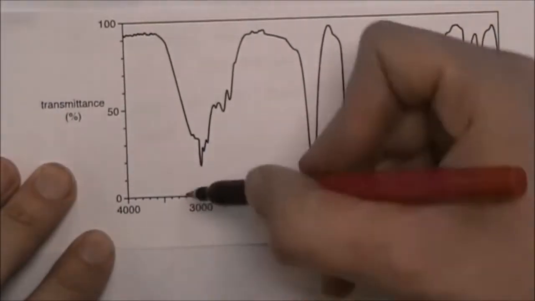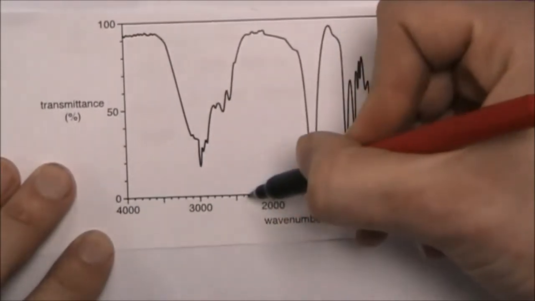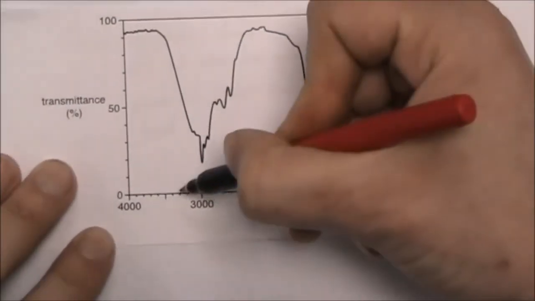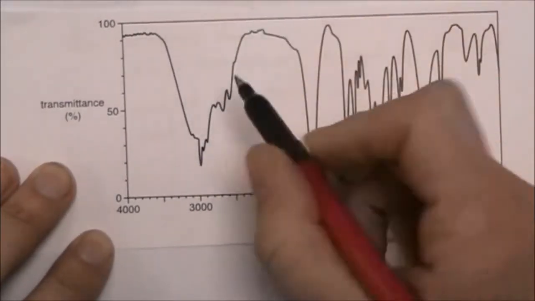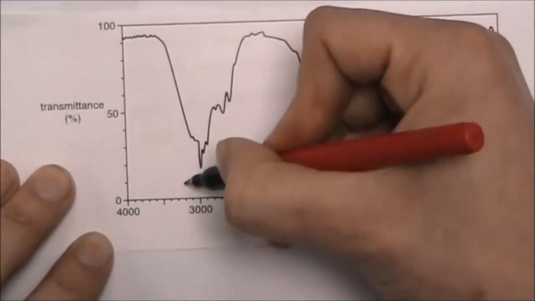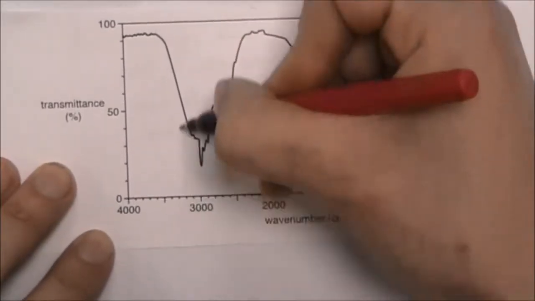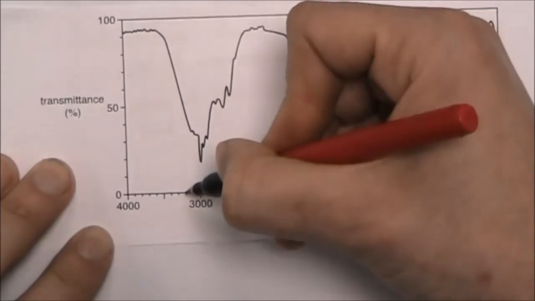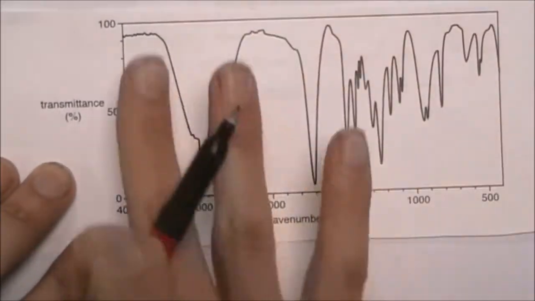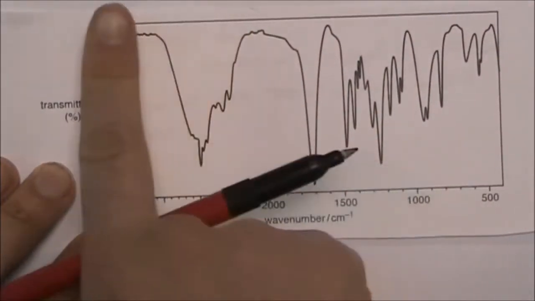Now if we have a look on this one, you can see that if we compare them, we've got between here and here is what I've said, which means that the vast majority of all of this is in that range. Now if I went 3,200, that would start here, and 3,600 would start here. You can see that actually there is a bit of the peak in there, but it's actually in the wrong place. So we are here, not here.